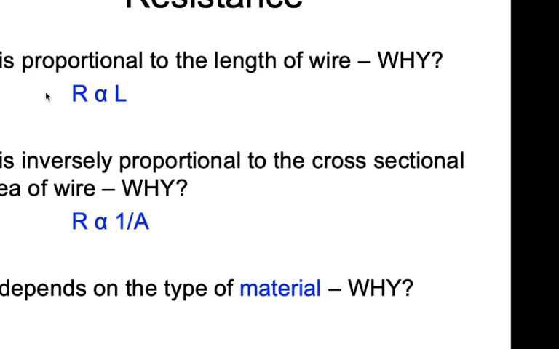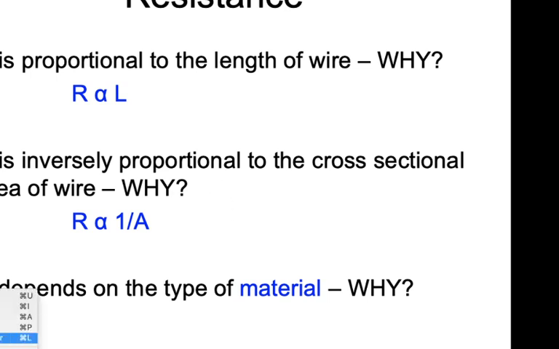So as we increase the length, and we're not changing anything else, we're just increasing the amount of friction proportionally, so increasing the resistance proportionally to the length. For every centimeter we're adding of length, we're adding on a centimeter's worth of resistance. Whereas when we increase the cross-sectional area, we're actually providing a wider pathway.